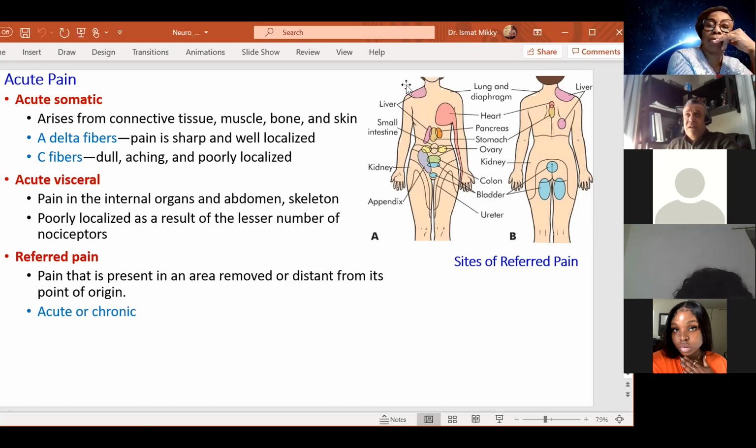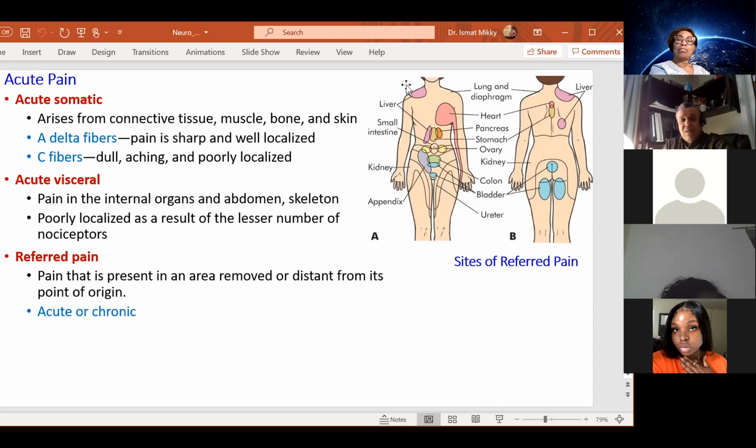So the patient had a liver problem, but felt shoulder pain. One of the theories that would explain referred pain is that the area of referred pain is supplied by the same spinal segment as the actual site of pain. So there is something called convergence in the neurovascular system.